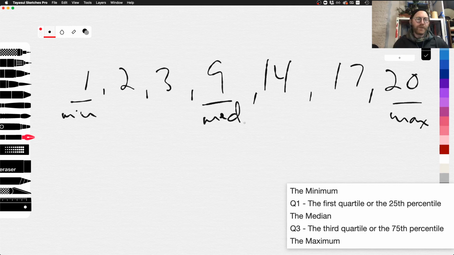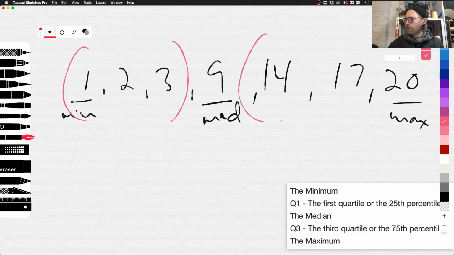And so the only question here might be whether or not we include 9 in our calculation of Q1. There's a couple schools of thought on this. In fact, I had a stats professor who did include the 9. In general, though, you're going to have this be your lower half and this be your upper half.